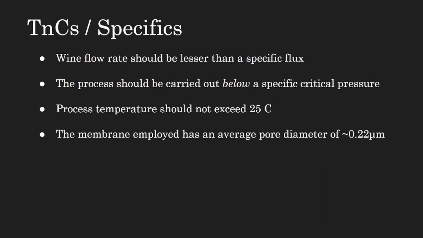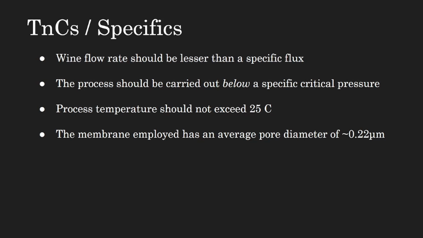Okay, so since we deploy the feed with some velocity over the membrane, this velocity should be low enough that the colloidal particles or impurities get ample time in contact with the membrane and get separated out eventually. If the feed velocity is quite high, then it will swiftly flow through the membrane without any significant filtration taking place, thereby rendering the model useless.